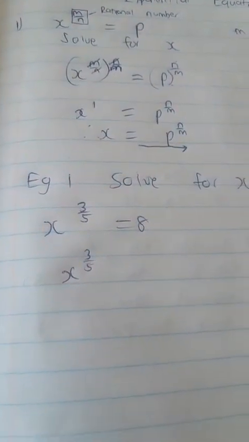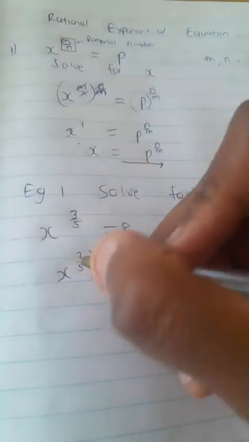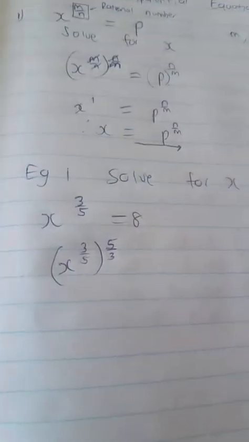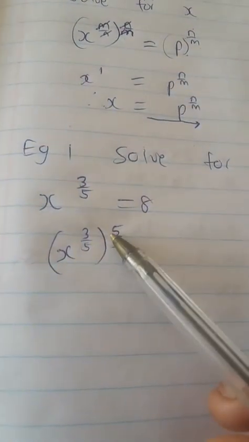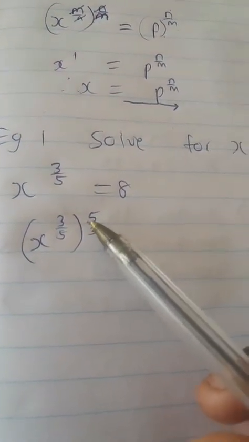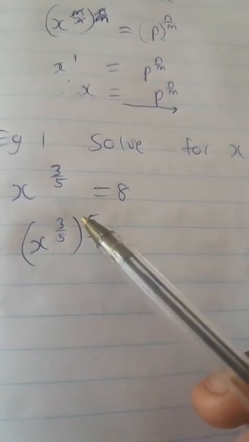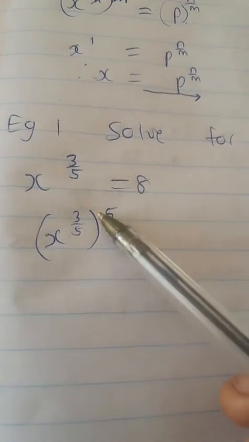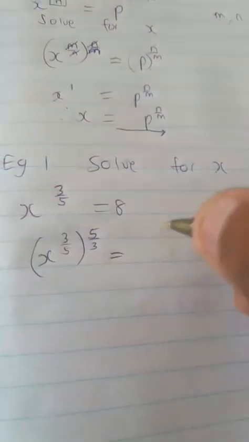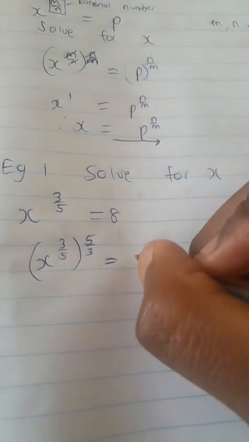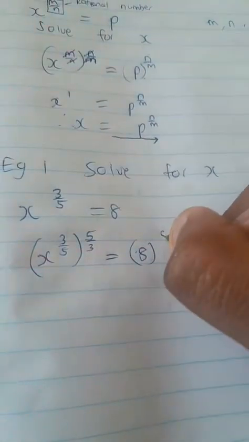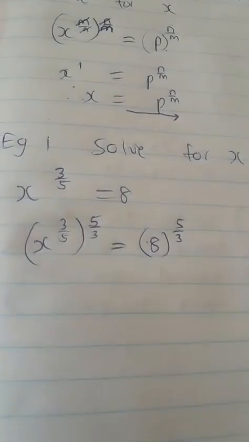So first step, we multiply the rational exponent by its reciprocal so that the exponent we are left with is positive, positive 1 to be specific. So 3 over 5, the reciprocal is 5 over 3. But we know what we do on the left, we have to do where? On the right. Now we have 8 raised to the power 5 over 3.